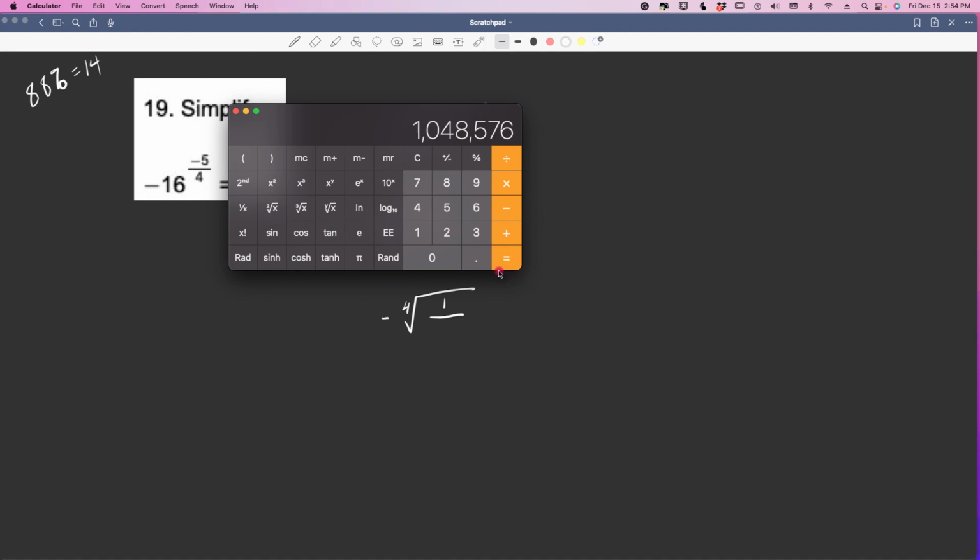Now let's see what the 4th root of that is. 32. Okay, so when we take that out, I'm going to put that back in a 4th power. 1,048,567.